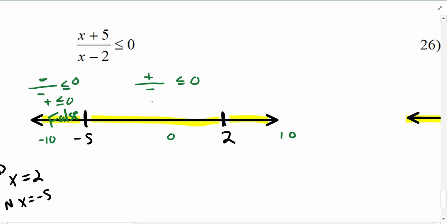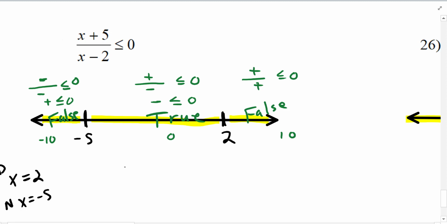Positive divided by negative is a negative. Is a negative number less than or equal to 0? True. And then for 10, we'll have a positive divided by a positive. Well, obviously that's going to be a positive, is less than or equal to 0, so that will be false.